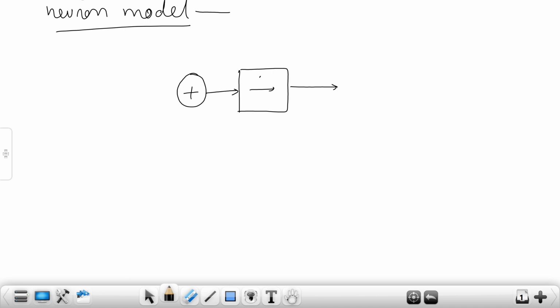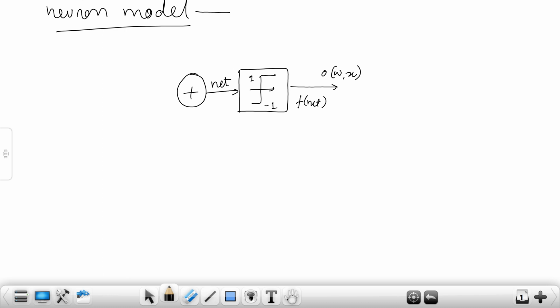Because this is hard limiting, the output will be 1, and this is bipolar binary. The output depends on the weights and the input values. So this is your net that is calculated, and this will give you your f net.